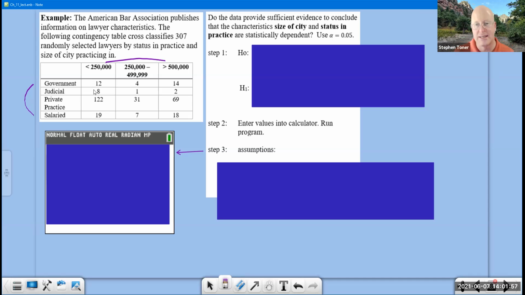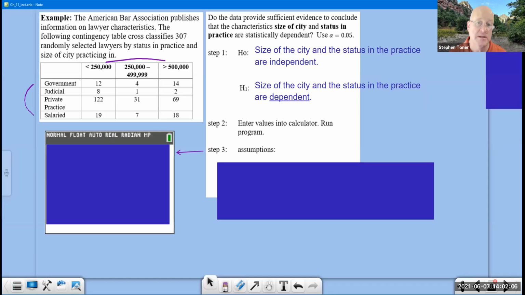It's a whole distribution. And again, we need to write our null and our alternate hypothesis in words. So I'm going to say the size of the city and the status and the practice are either independent for the null hypothesis or dependent for the alternate hypothesis.